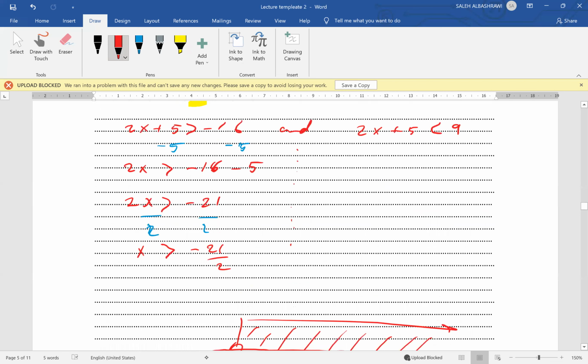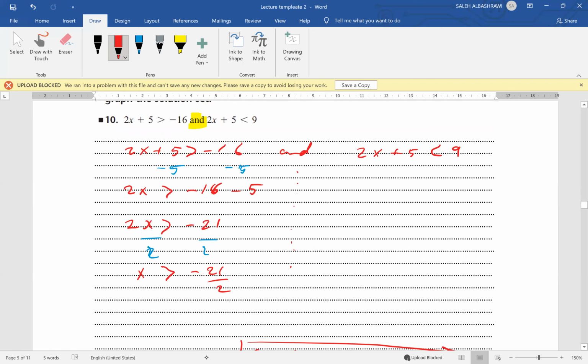For the second inequality, let's solve it and see. I have 2x less than 9 minus 5. So 2x less than 4, divided by 2, the coefficient of x.